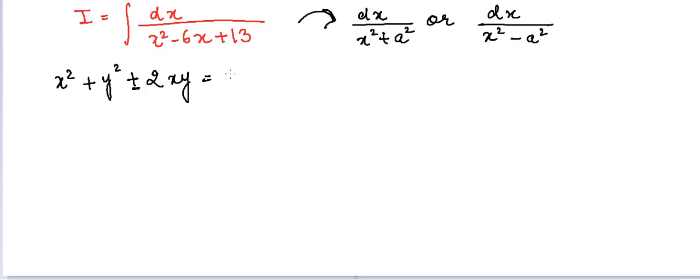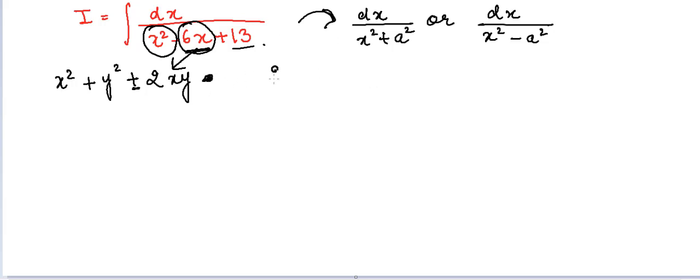For this, we have x square, but we have no y square because 13 is not a perfect square. So this is your 2xy. How can you equate it?